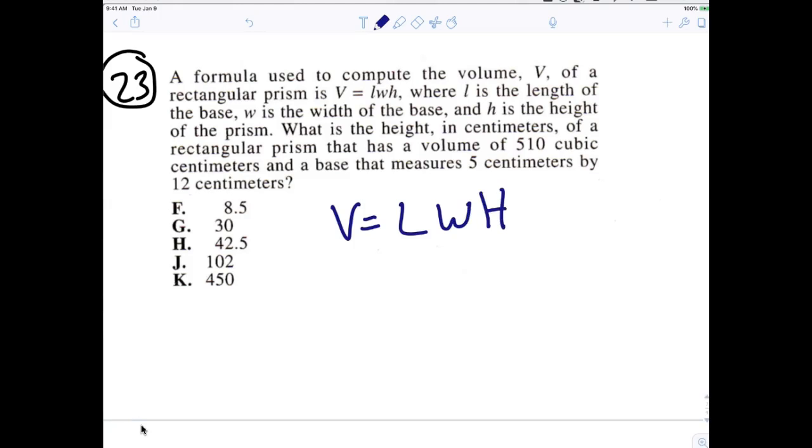So what do I have to do here now? I want everybody to write down V equals LWH, and then you plug things in. Tell me what goes where, Bradley. We need to find the height in centimeters. Good. So what is 510?